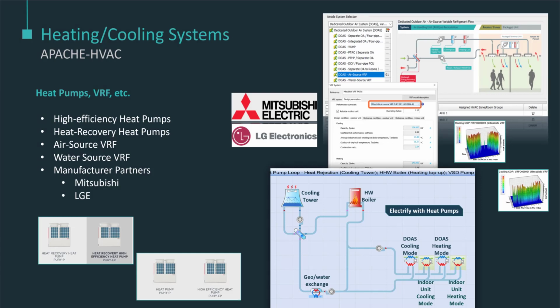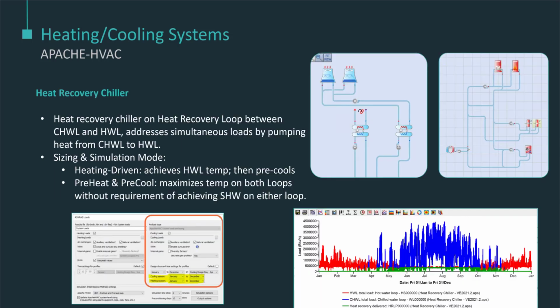We've got both air source and water source VRF options or heat pumps. They can either be air cooled or water cooled, heating mode only, cooling mode only. We've even got some manufacturer performance data sets built into IESVE software. Earlier last year, we added a heat recovery chiller.